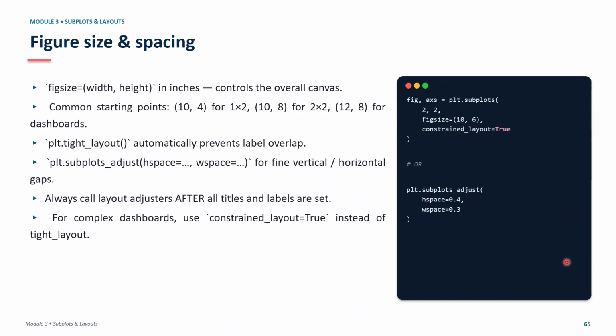Like now the tight_layout, as I have told, will automatically prevent the label overlap. And then we have something called subplots_adjust. So this is a manual fine tuning.